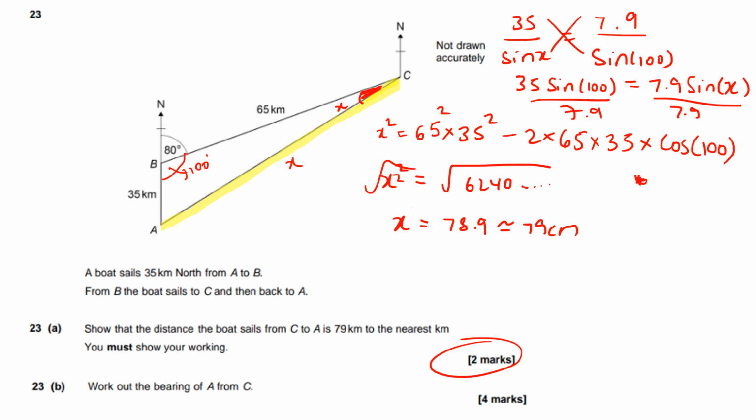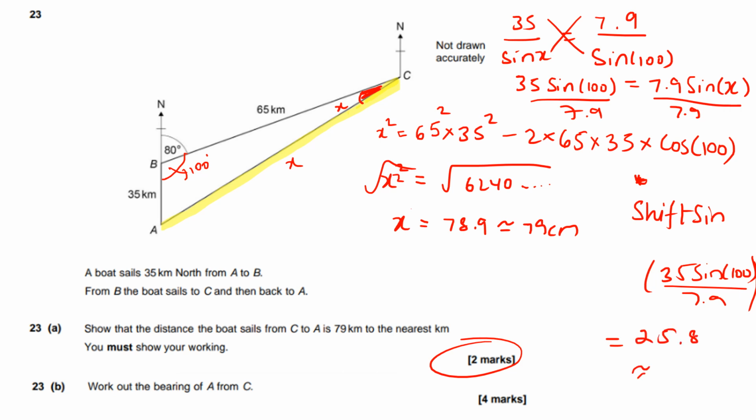Sin x is going to be, I'm just going to quickly type it into my calculator, and I need to do shift sin, and then I'll substitute 35 sin 100 out of 78.9, and that will give me 25.8, which I can round to 26. So I know this angle here is going to be 26.